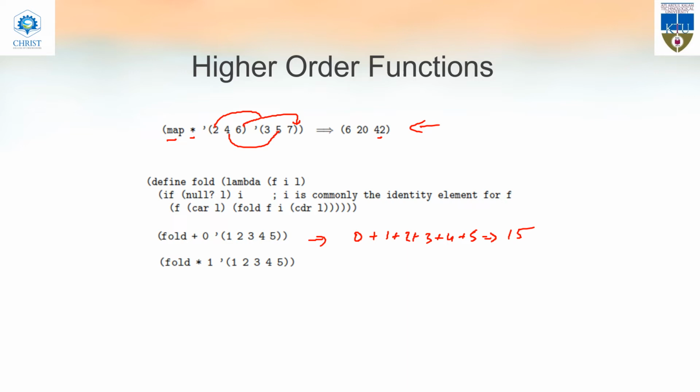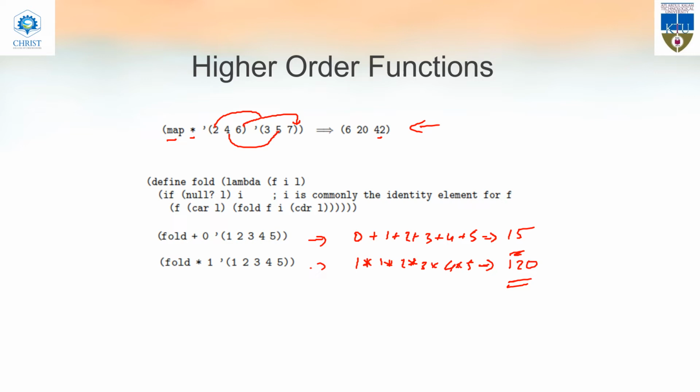Likewise, if I am writing fold star 1, 1, 2, 3, 4, 5, the resultant will be 1 into 1 into 2 into 3 into 4 into 5, which is equal to 120. Clear. So this is how the fold function works. These are two higher order functions.